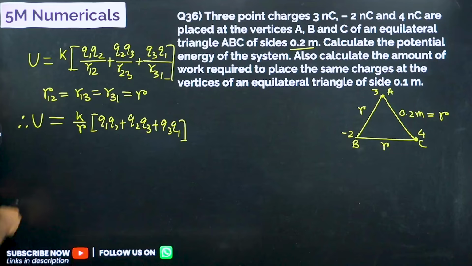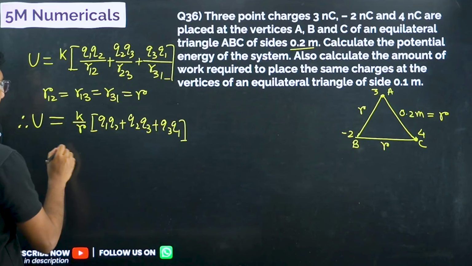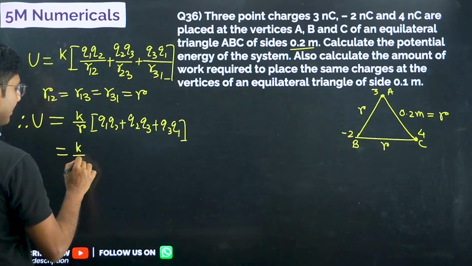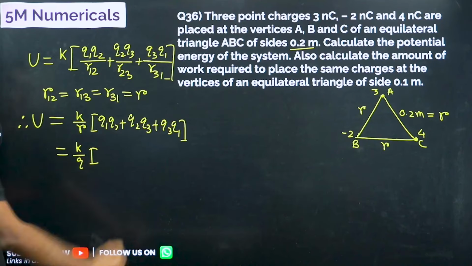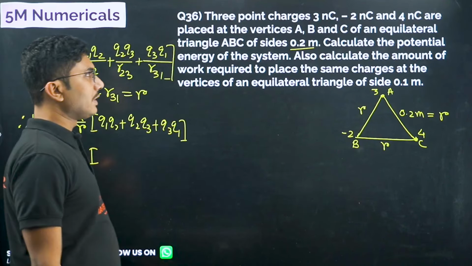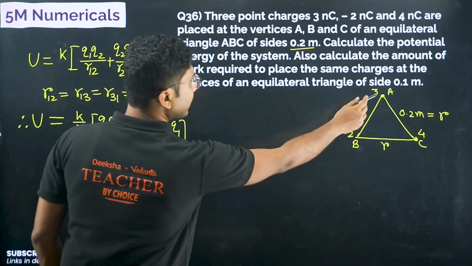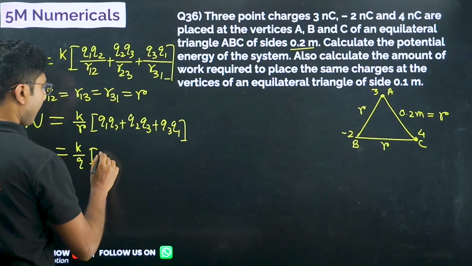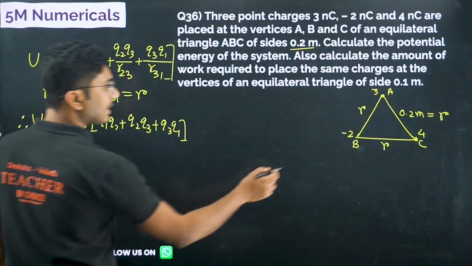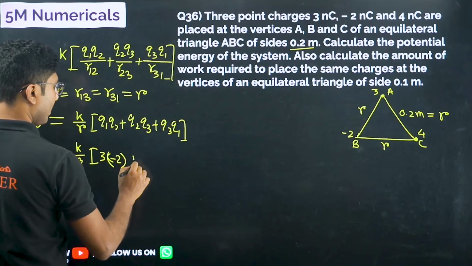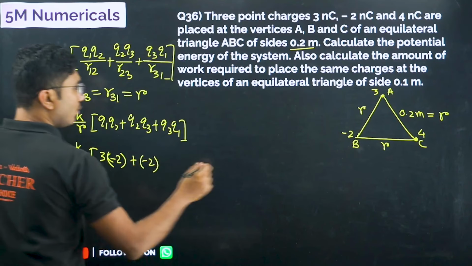Okay, we will calculate these things one by one. So K by R, I am writing K by R. I will try to calculate this one first. What is the first charge? Q1 is 3. What is the second charge? The second charge is minus 2. What is the third charge?